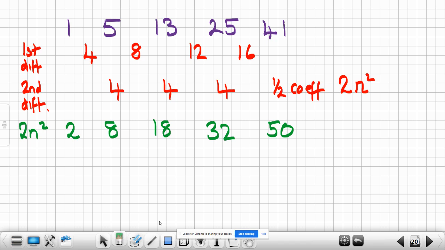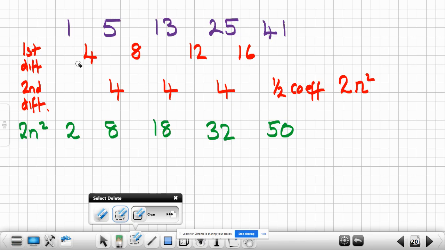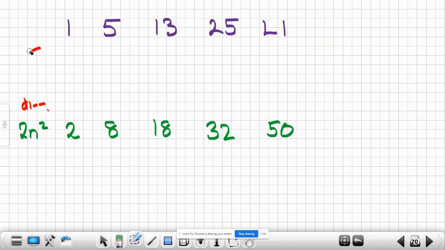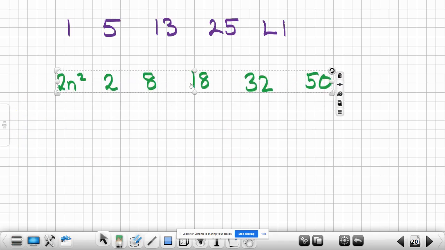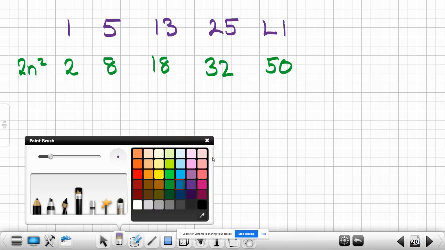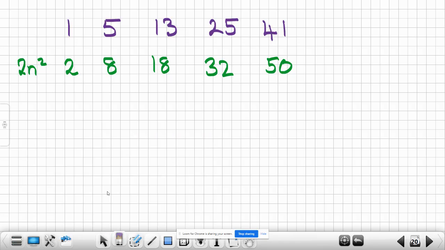from our original sequence. And what I might do is just rub out these so we can see it nice and clearly. Okay, and I'm going to move that up and we can see more clearly the difference. We've lost a bit of the 41 there.